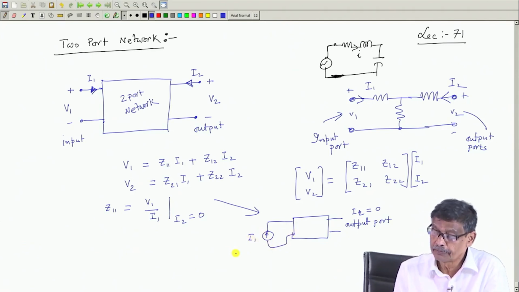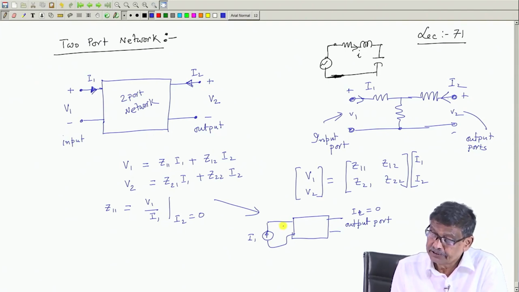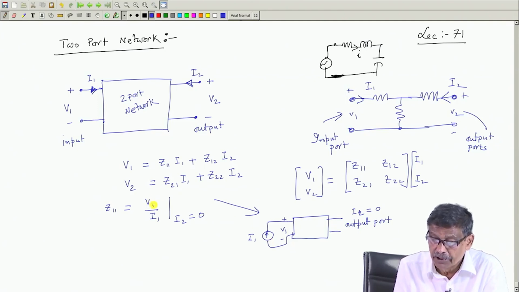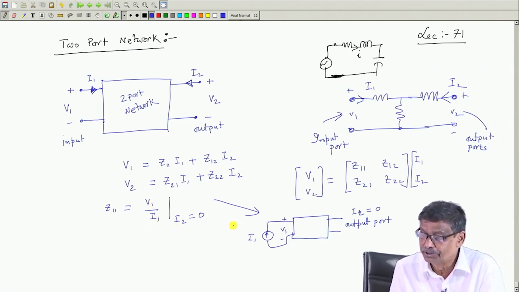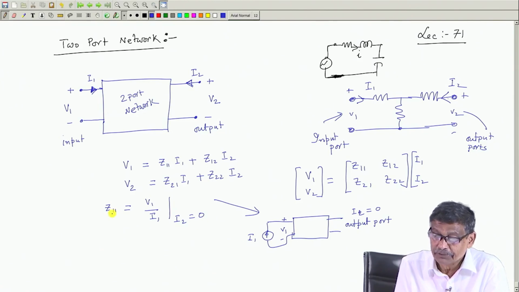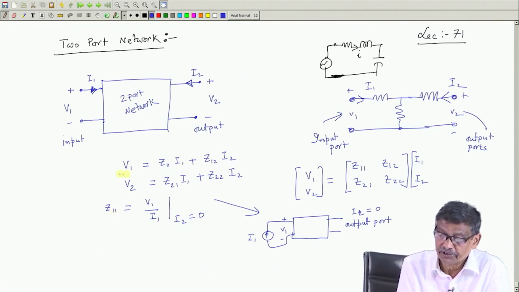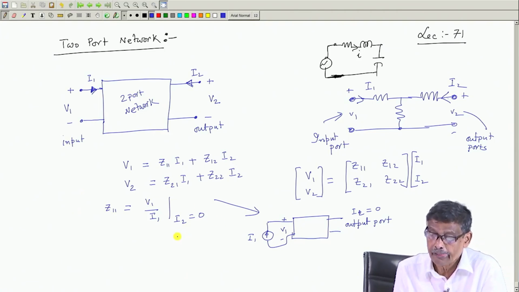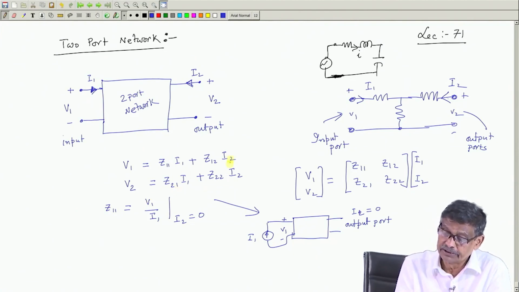This is the input port, and measure the voltage existing between these 2 points, that is V 1 as per this. Then the ratio of V 1 by I 1 with I 2 equal to 0 is Z 11. That is the first equation I have utilized with I 2 equal to 0. What other parameters can be found out from this with I 2 equal to 0? Z 21 can be found out.